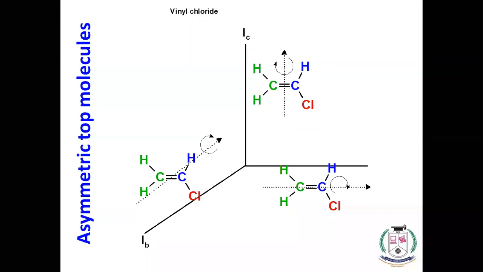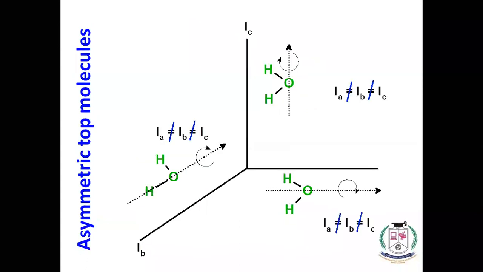Ia will be going through carbon and carbon. And now if you replace the hydrogen with chlorine, what happens? Ia is not equal to Ib is not equal to Ic. Similarly, for the water molecule also, Ia is not equal to Ib is not equal to Ic.